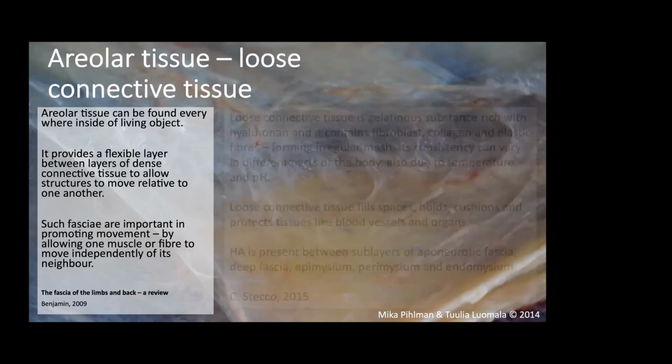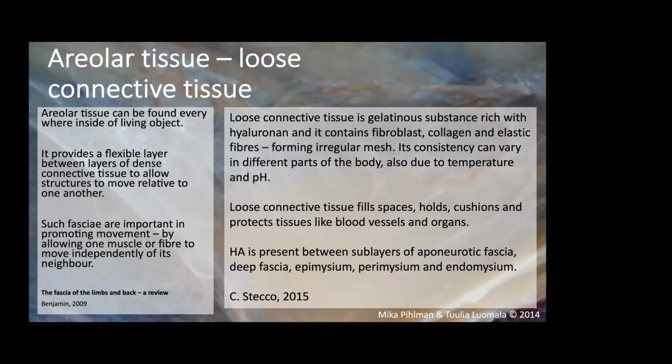And the loose connective tissue, like said, is very rich with hyaluronan, and it contains fibroblasts, collagen, and elastic fibers. And also a very important thing is that it is reacting to temperature and pH. So if you drink too little, or if you eat the kind of thing which is not good for you, your pH will be altered, and then your body feels immediately stiffer.